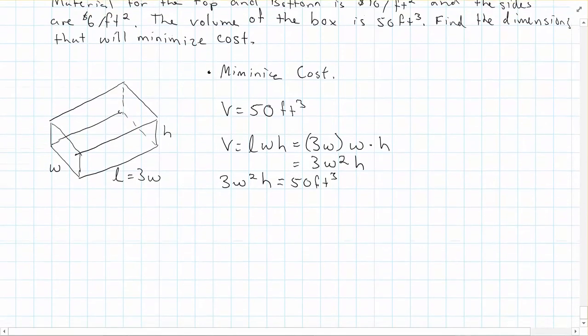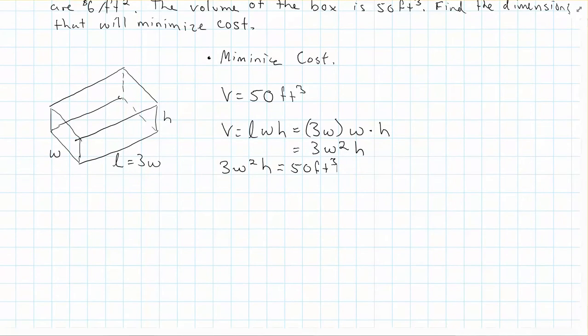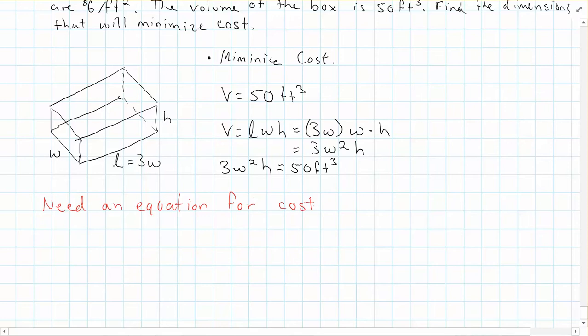Now, we're trying to figure out the cost here. So I'm going to need an equation for cost. So let's get the equation, what I think are some of the easy portions of it, or let's just write all the sides here.